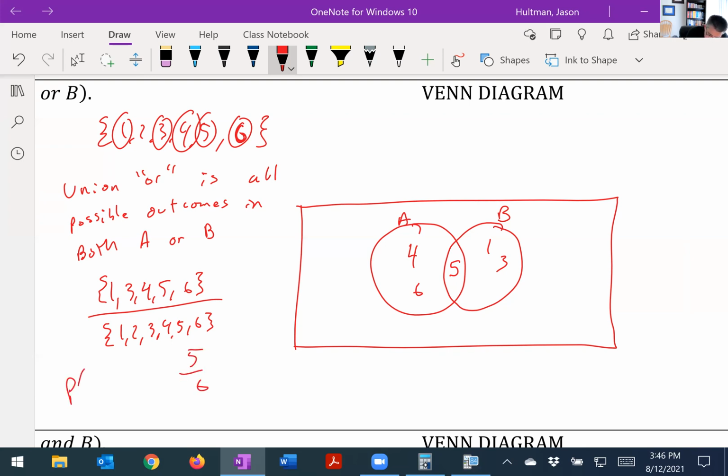Okay, so the probability of A or B is 5 out of 6. So we want everything inside here. We would shade everything inside. That's the union. What's outside that? Well, 2. 2 would be outside. He's not a part of A or B.